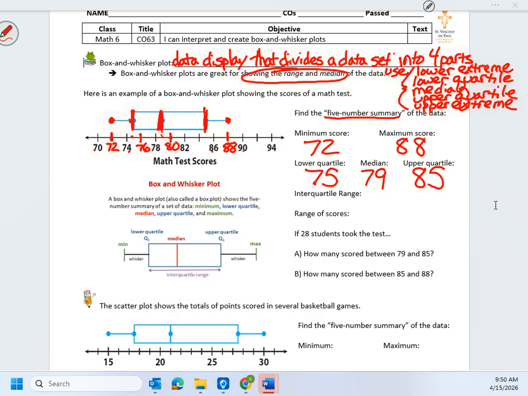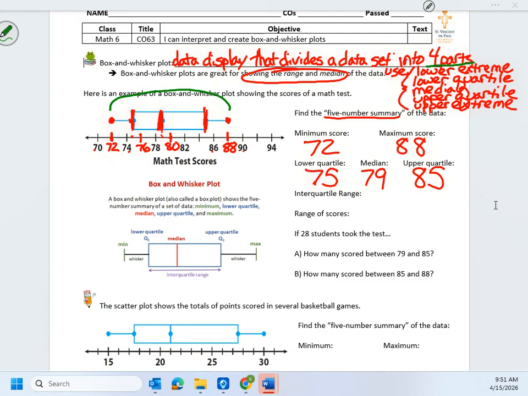So, looking at our areas here, we can see our numbers go from our minimum score all the way to the maximum score. That's all the scores that we have. Now remember, I said box and whisker, we break it into 4 parts.